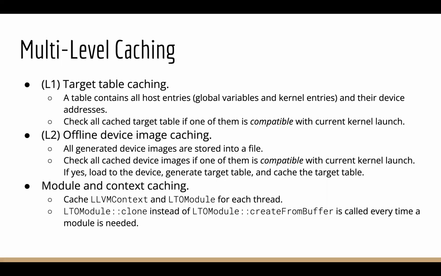Then in the next run, we load all those images from the file. And when we have a kernel launch and a target table cache miss, then we look up the device image cache to see if there is a device image already good enough for us to use.